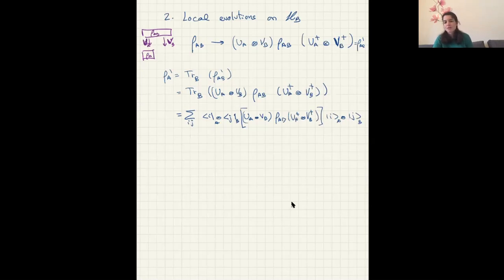So let's just pick the ones that reverse the unitary. Let's say we pick J, which equals some V to this VB dagger and some other basis, J tilde.